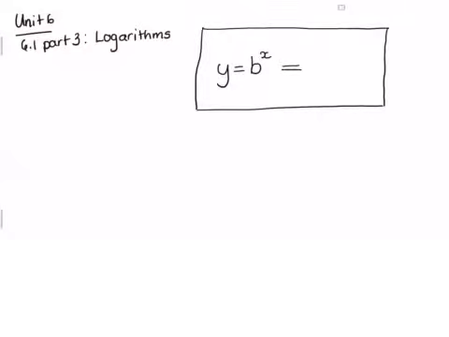If I write exactly the same thing but in a different form, then I would write log base b of y equals x. Right, why do we want to write it in two ways?